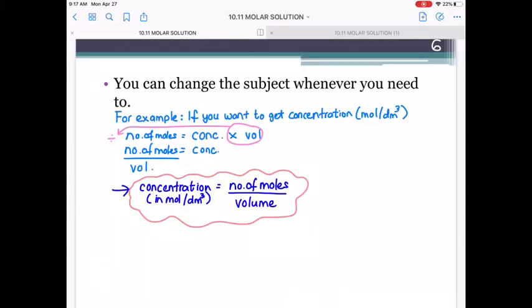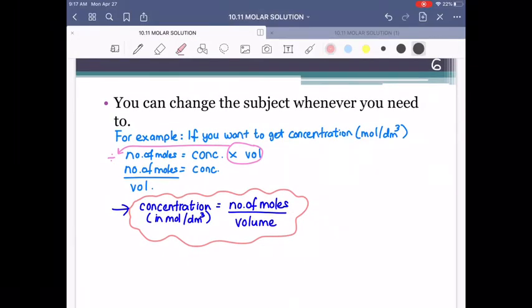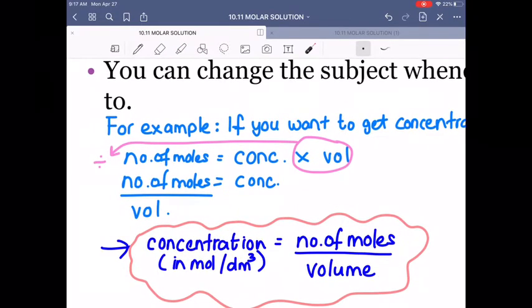Okay, so you can change the subject whenever you need to. For example, if you want concentration to be the subject, just remember number of moles is equal to concentration times volume. To make concentration the subject, you need to move the volume to the other side, so it becomes divide.